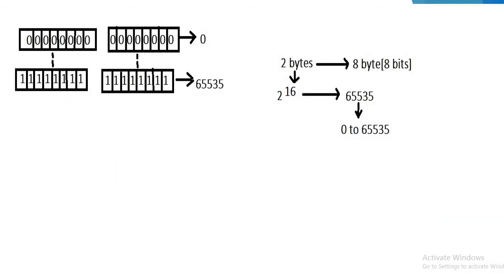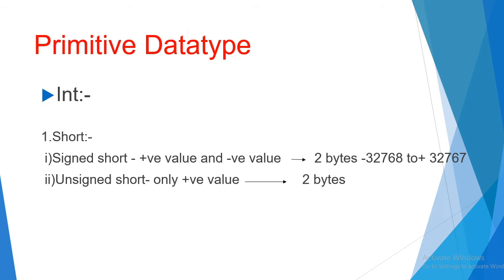Signed integer is again divided into two parts, because it has negative values as well as positive values. That's why we have to divide 65535 into two parts: half for the minus sign and half for the plus sign.